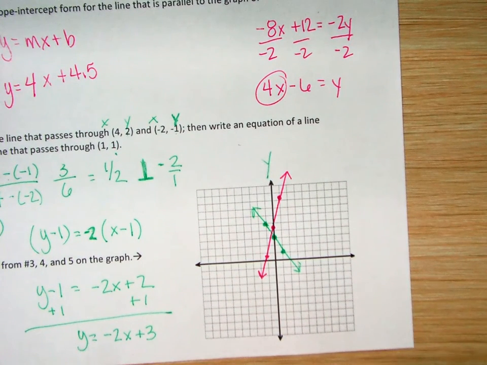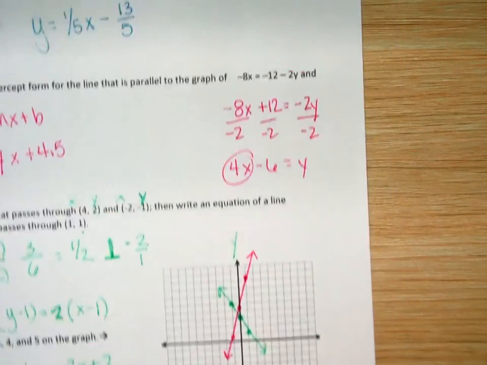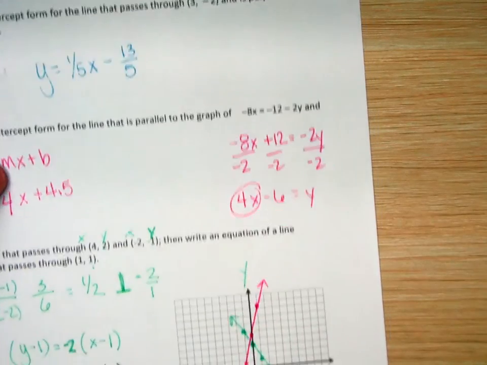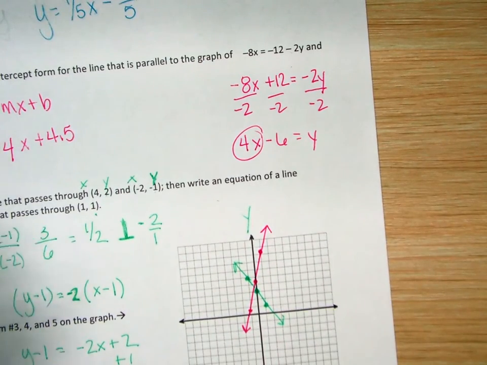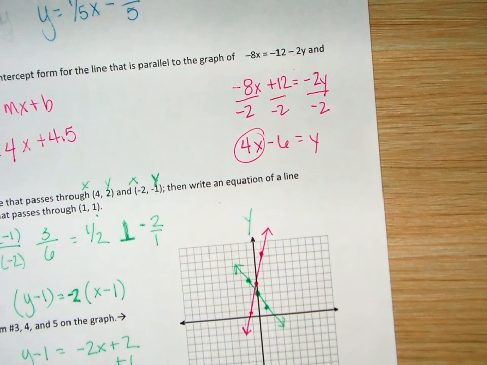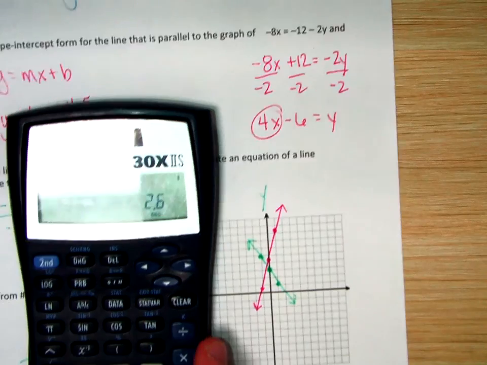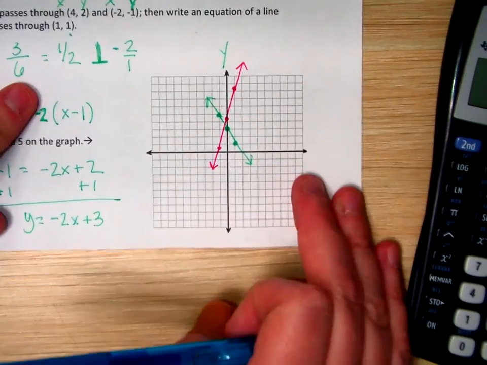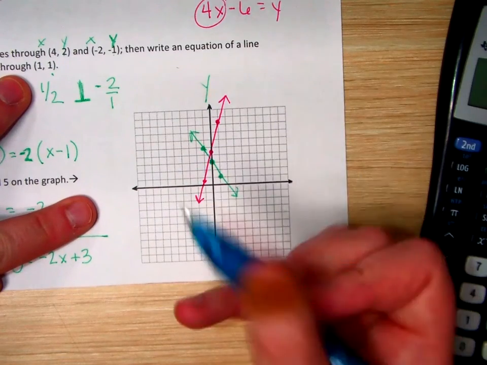It's a lot sweeter. The last one we have is number 3 from the first video: y equals 1/5 x minus 13/5. 13/5 on a calculator is roughly 2.6. As you can see here, 13 divided by 5 is roughly 2.6. So I'm going to roughly go to 2.6, which is a little bit over half.